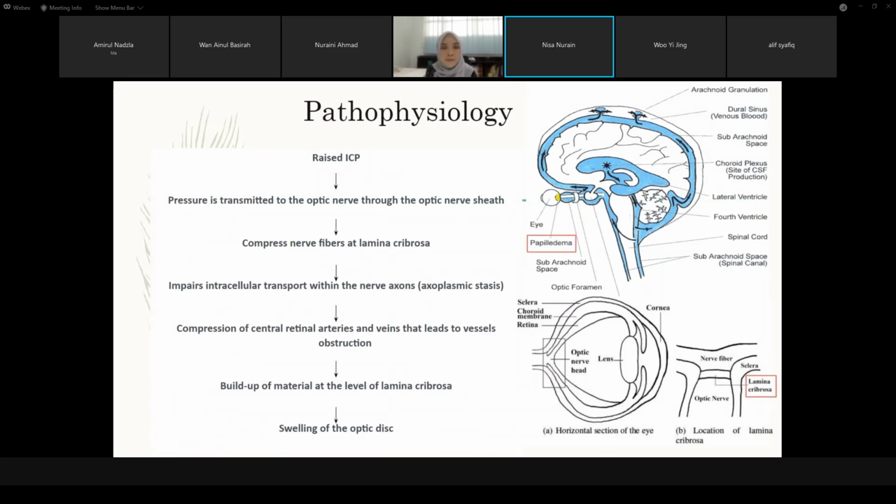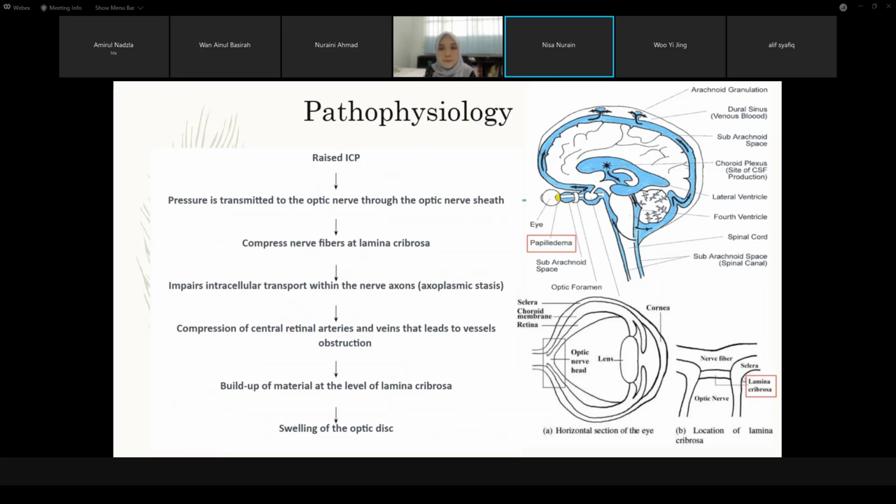So for the pathophysiology, first, the intracranial pressure will be increased, and then the pressure will be transmitted to the optic nerve through the optic nerve sheath, and then it will compress nerve fibers at the lamina cribrosa. As you can see in the picture at the bottom right, the lamina cribrosa is between the nerve fiber and the optic nerve. Okay.